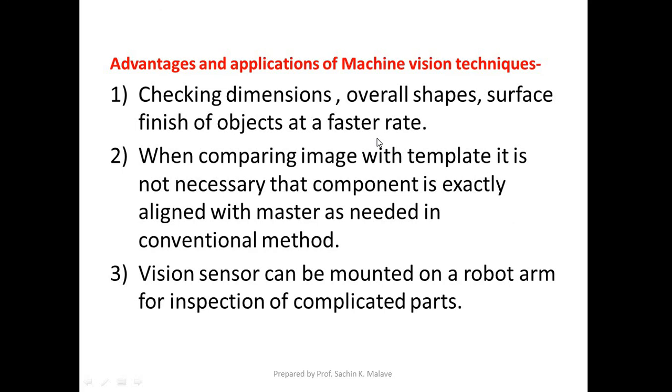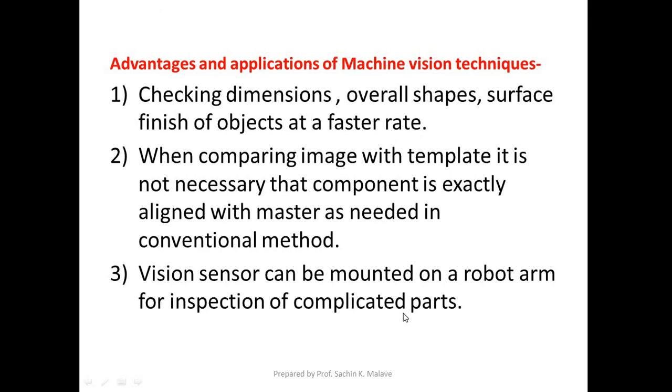Here you can keep the components in any orientation. No specific orientation or alignment is required when you compare the image with the template. So that is one more advantage.